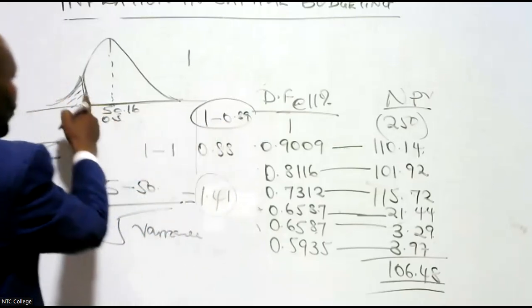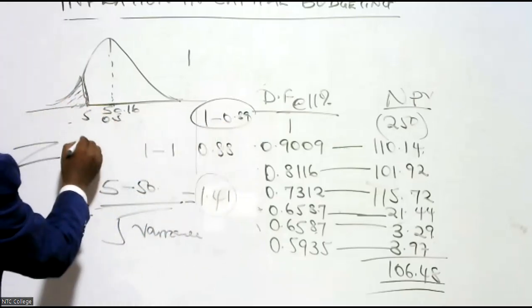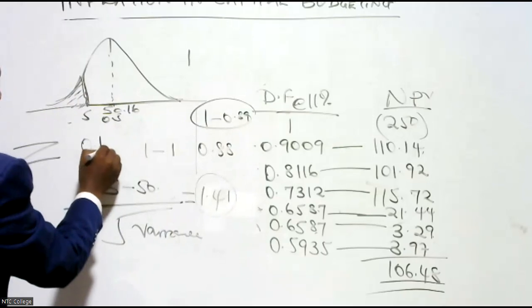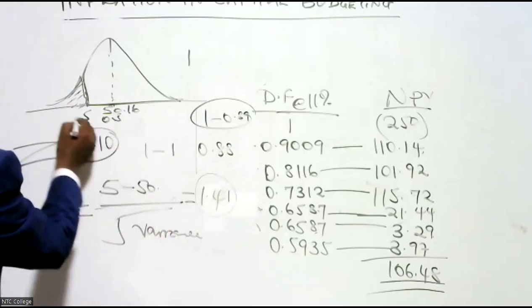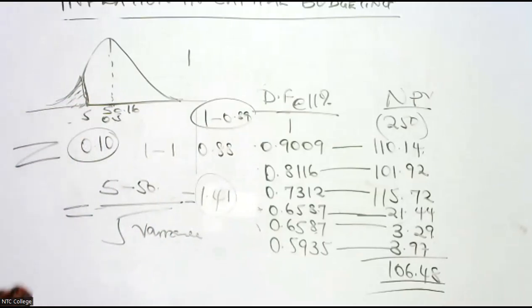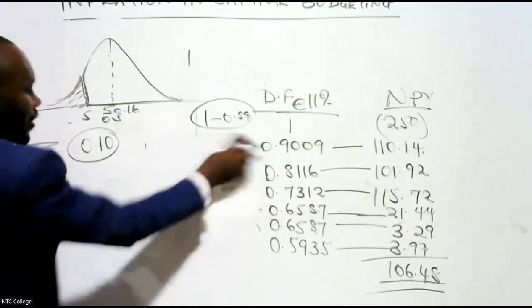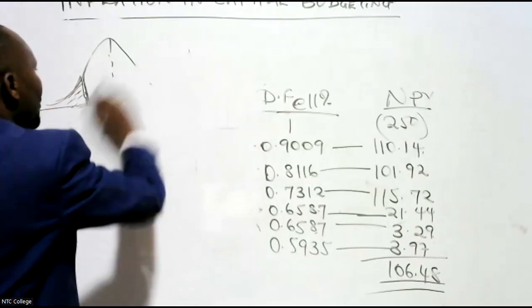The probability that they're going to be taken over hostilely is going to be 0.10 or something like that. Very small. So that is what I shared. You can now follow what I shared with you and finish the question.